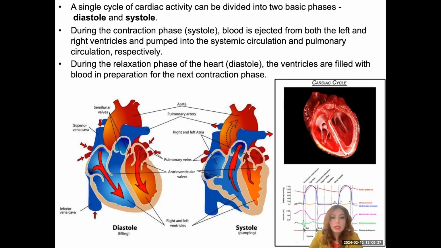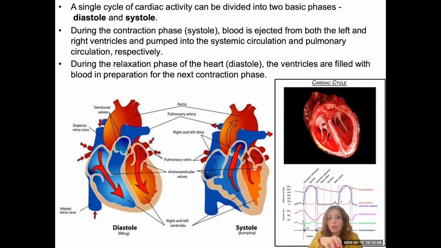Now, systole and diastole. A single cycle of cardiac activity can be divided into two basic phases: systole and diastole. During the contraction phase, systole, blood is ejected from both the left and right ventricles and pumped into the systemic circulation and pulmonary circulation respectively.